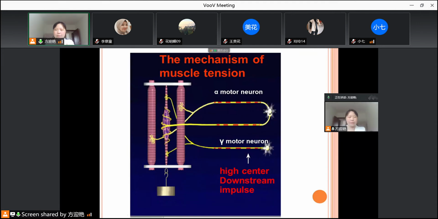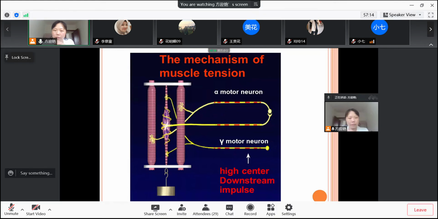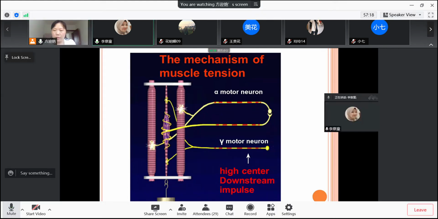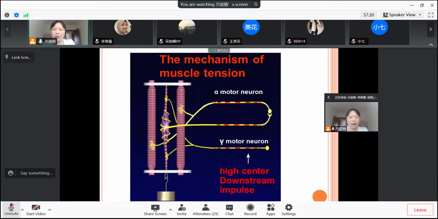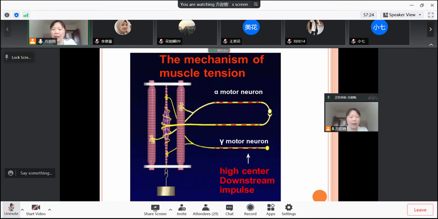Understand here? Understand, Lucia? Okay, I hope you understand during the class. Also after class, by these pictures you can understand and pick the correct answers.